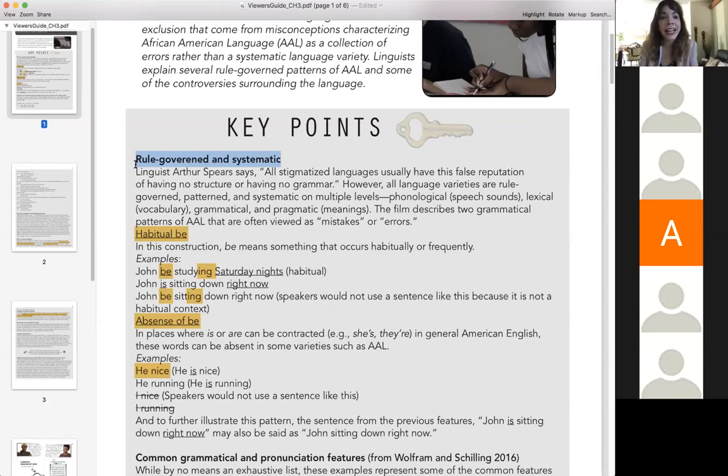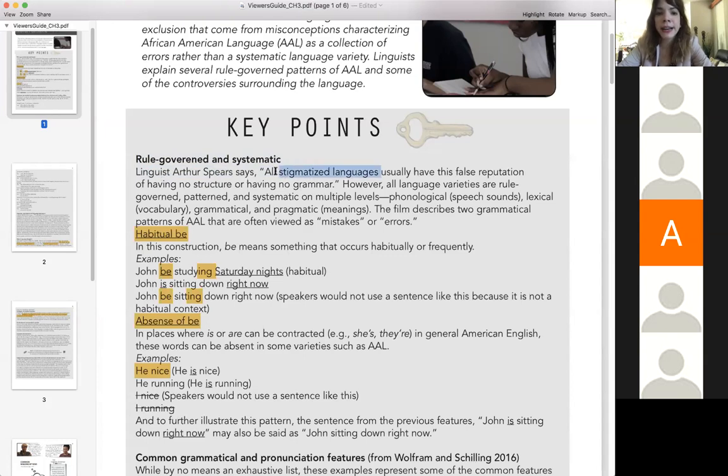So African American English has its own set of rules. It has meaning. People understand each other when they speak it. People are born with African American English as a natural language from birth, okay? So linguist Arthur Spears, he shows up in the film, says all stigmatized languages usually have this false reputation.